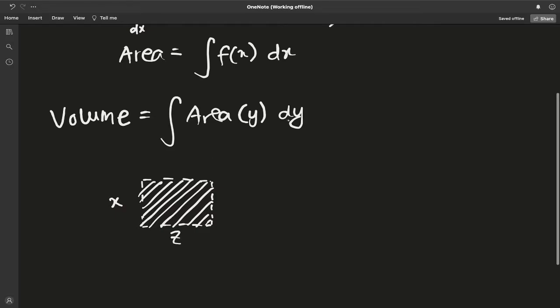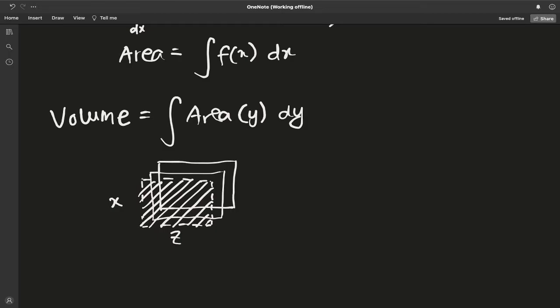Okay, so your area function is this constant x times z, which is the area of this square section, and since this is integration dy and y is like pointing out of the page, the y direction is pointing out of the page, which means we're gonna have to stack. Now, I apologize for my bad drawing here, but we're gonna have to stack these squares on top of each other in the y direction.